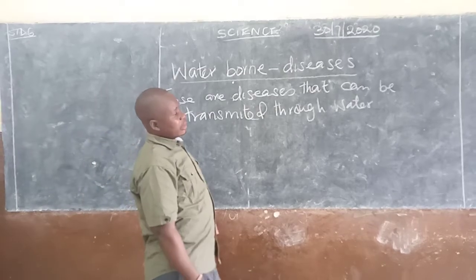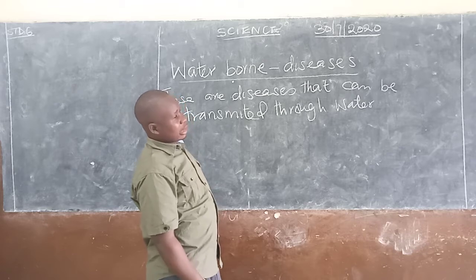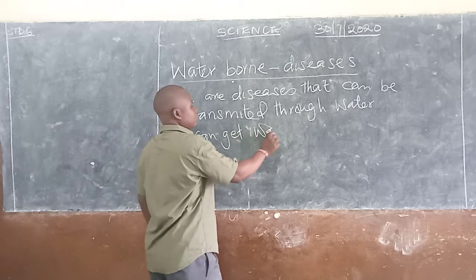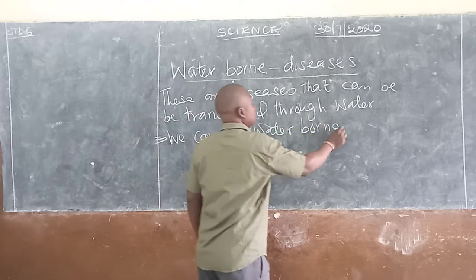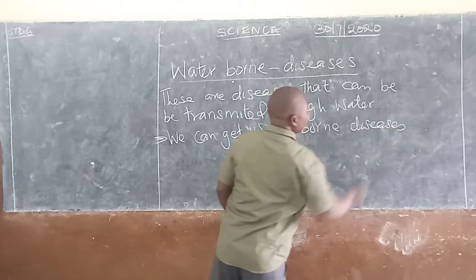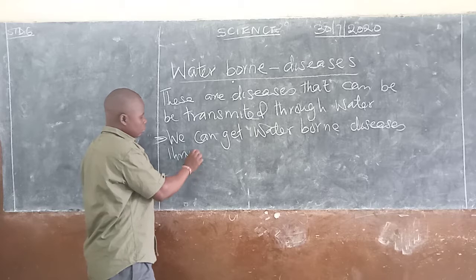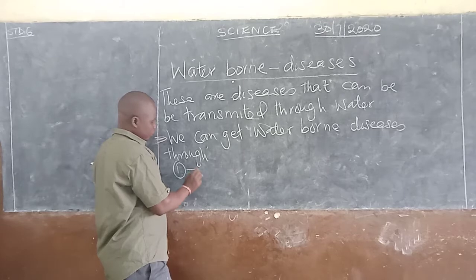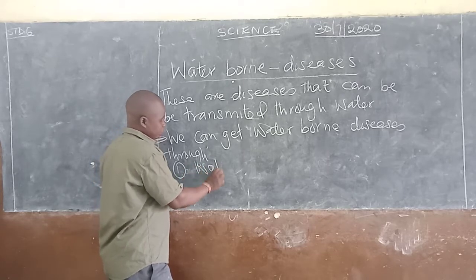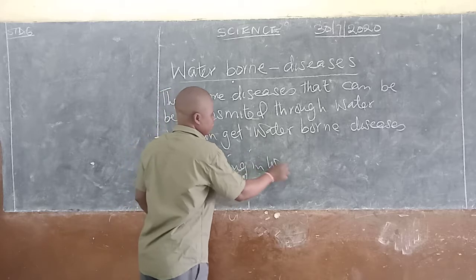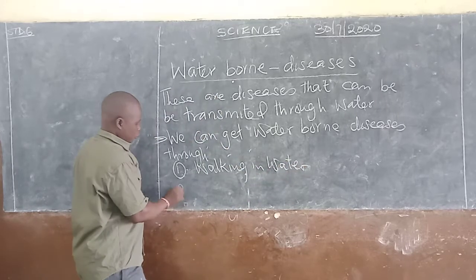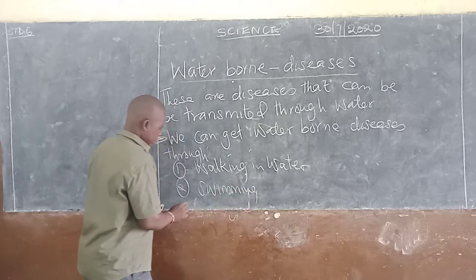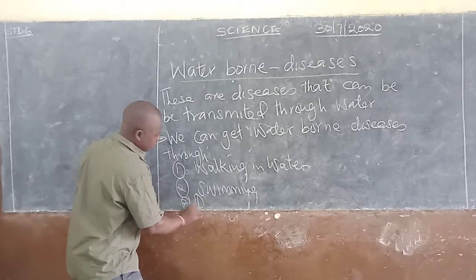We can get waterborne diseases through: one, walking in water; two, swimming; and three, lastly, when we are drinking contaminated water.